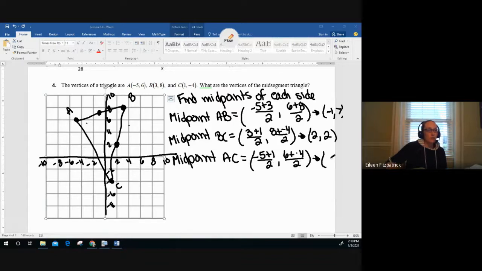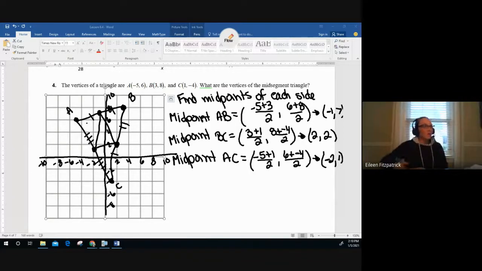Negative 4 divided by 2 is negative 2. And then 6 plus negative 4 is 2. 2 divided by 2 is 1. So we have negative 2, positive 1 as the last midpoint. So those are all the midpoints of the sides of the triangle. And if I was to connect them, I'd have my mid-segment triangle.